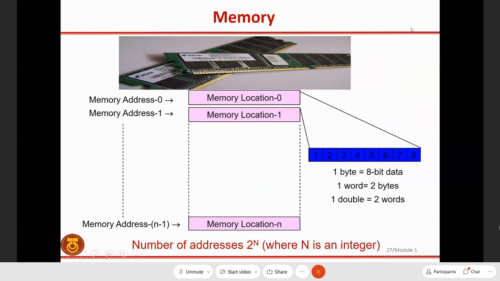The control bus has nothing to do with instruction and data. The control bus is only being used by the CPU to read or write.